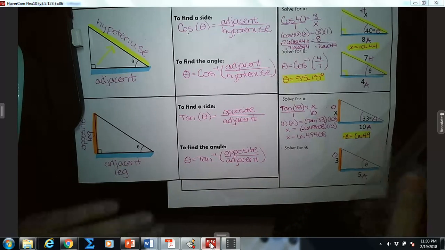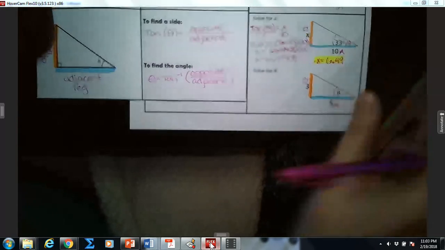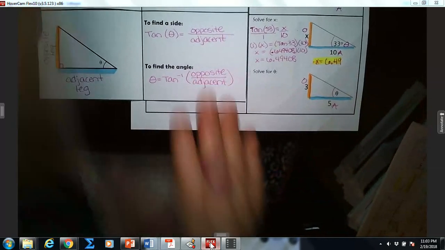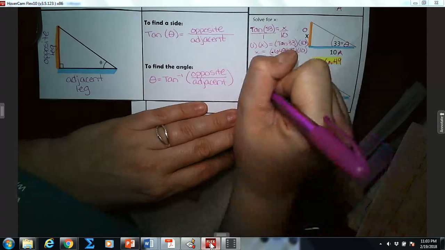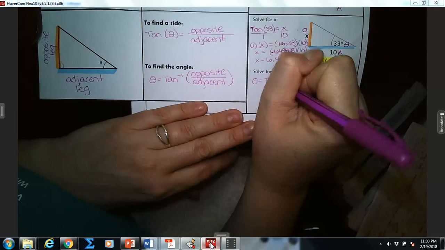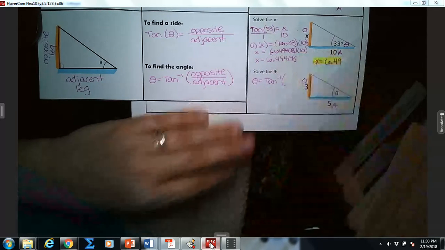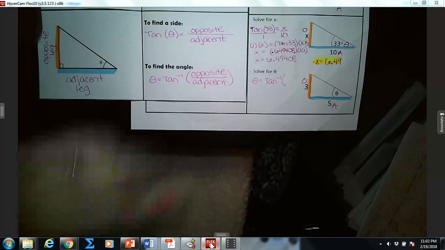All right, so let's see what that looks like in this example. Theta is going to be equal to the tangent inverse of the opposite measure over the adjacent measure.